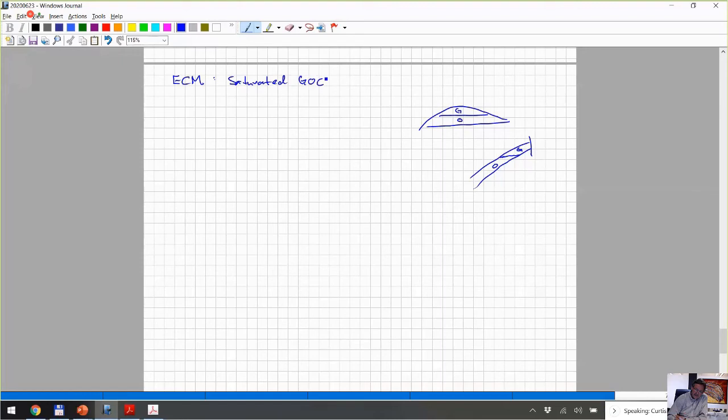So you've got, basically, pressure depth data. Looks like this. Gas gradient, oil gradient. Okay.